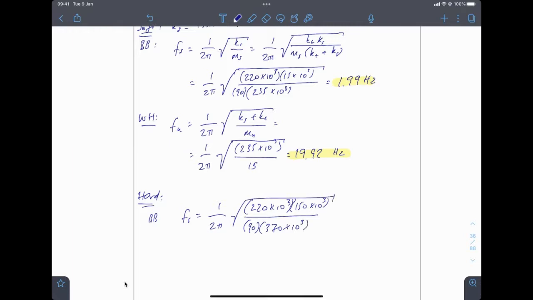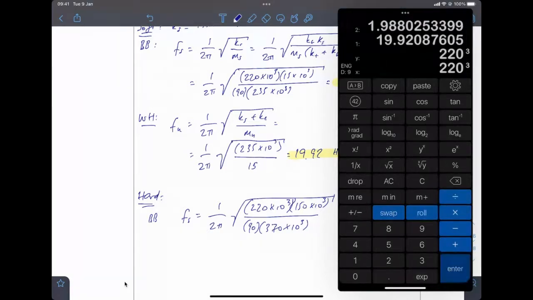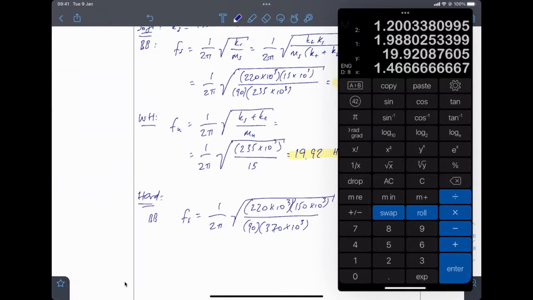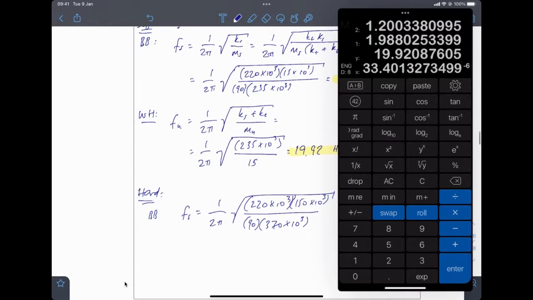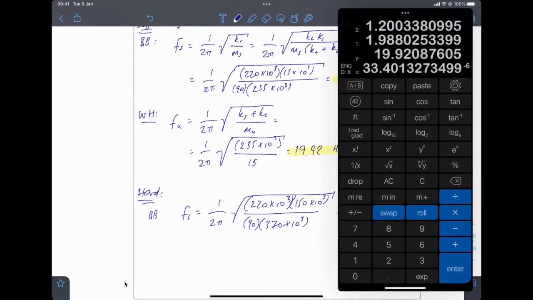So 220 E3, 150 E3, multiply those together, divide by 90, divide by 370 E3, square root it, divide by 2 pi. 33.4 hertz. Not comfortable.